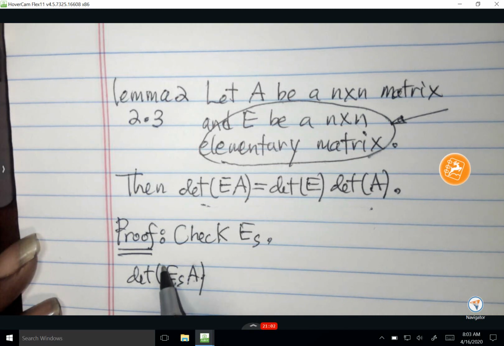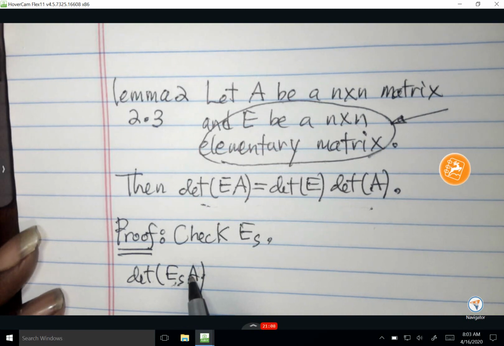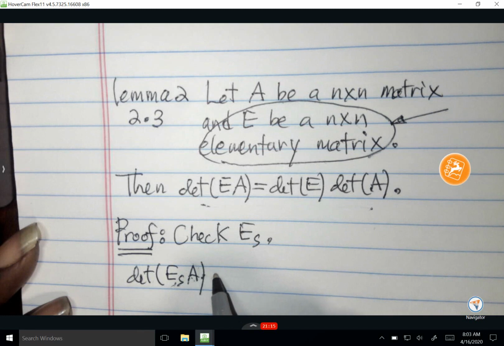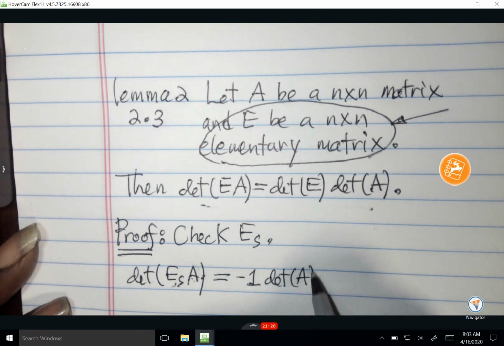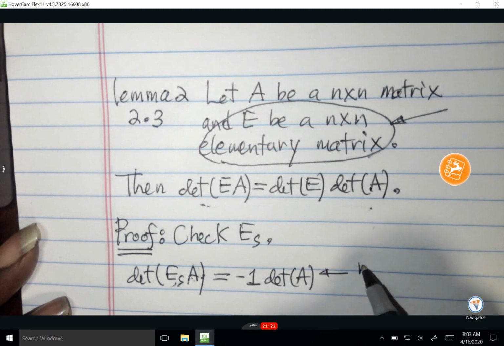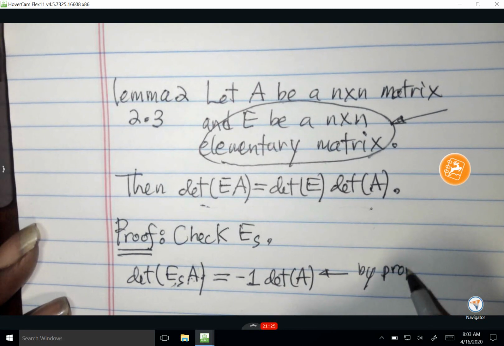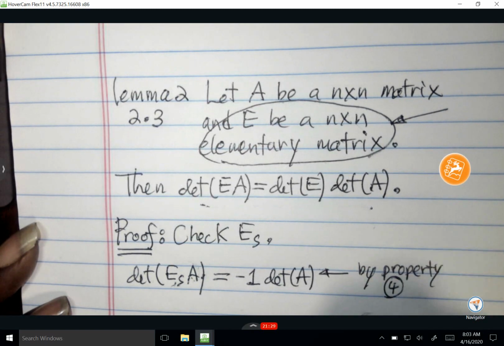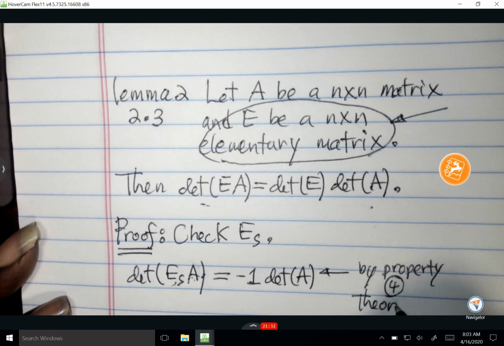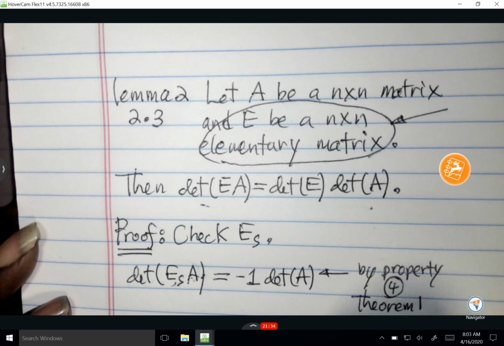So this is the matrix that has two of A's rows switched. But by property 4 in 2.2, that's equal to minus the determinant of the old matrix A. So this is minus 1 times the determinant of A, by property 4 in Theorem 1 in 1.10.